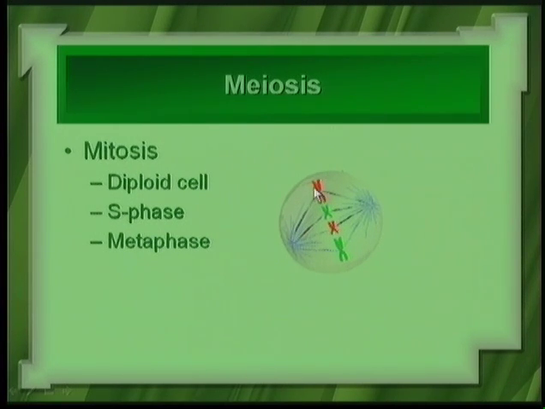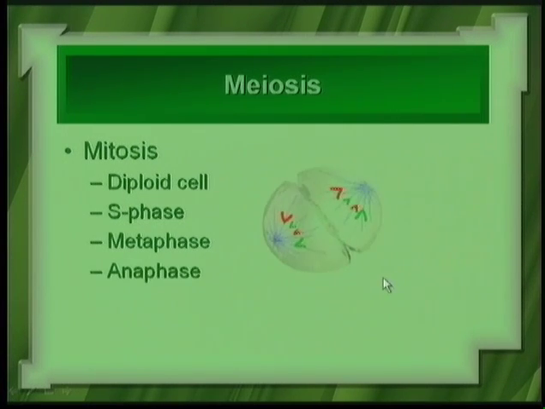This chromatid is exactly the same as this chromatid. They're genetically identical, so these are 2 sister chromatids making up a single chromosome. In metaphase, you still have 2n, or the diploid number, equals 4. You have 1 set of chromosomes from the father, 1 set from the mother.